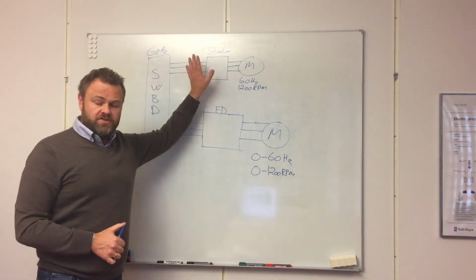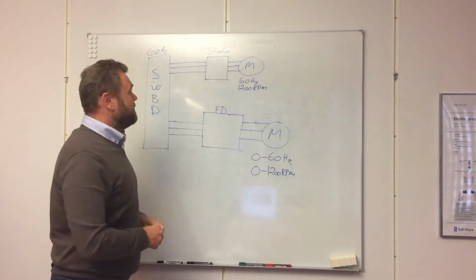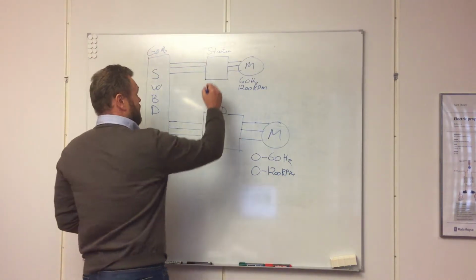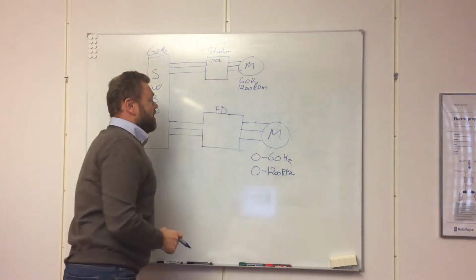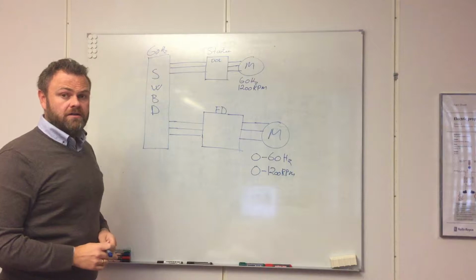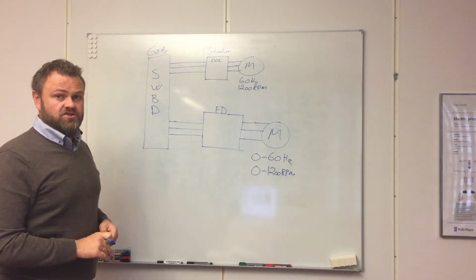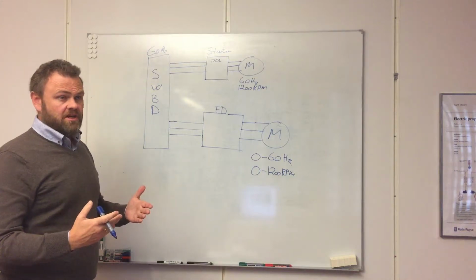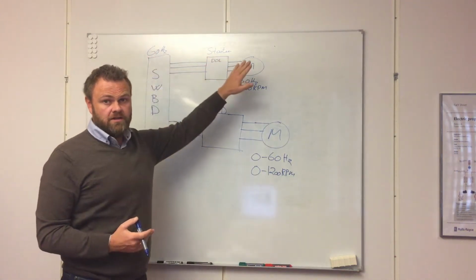The starting device may be of different technologies. You may have heard of direct online, and it is what it says. It is just a switch that connects your motor directly online.